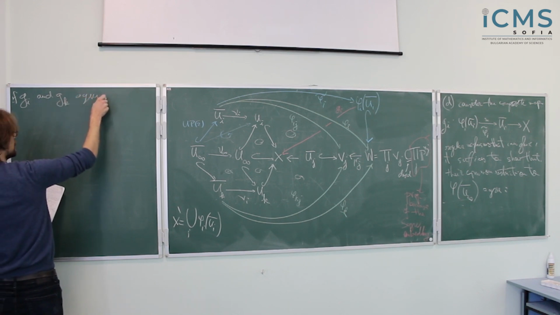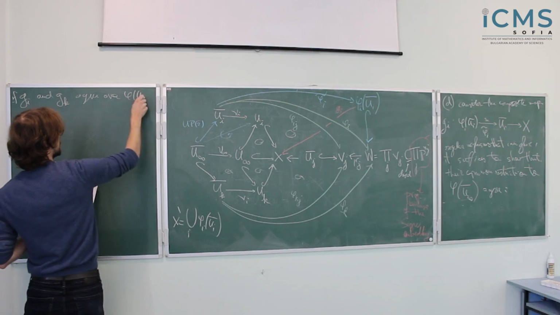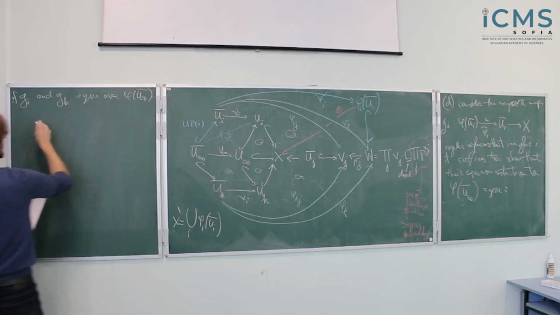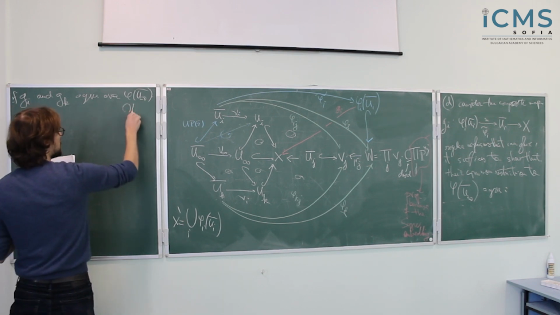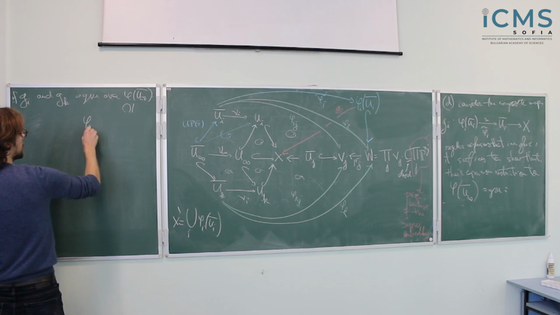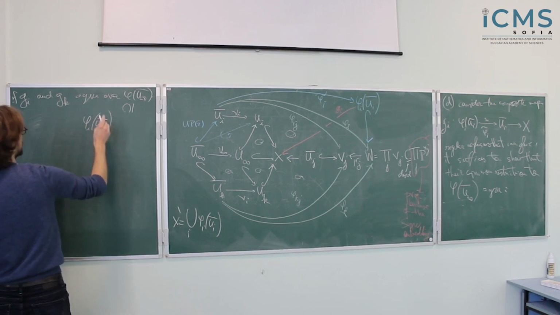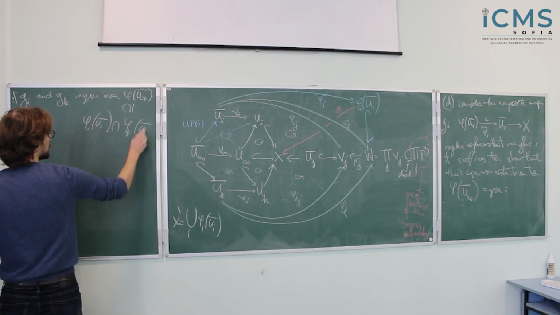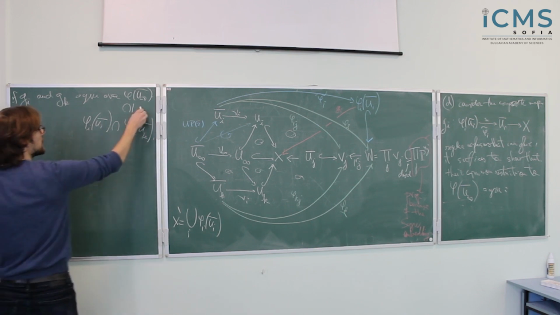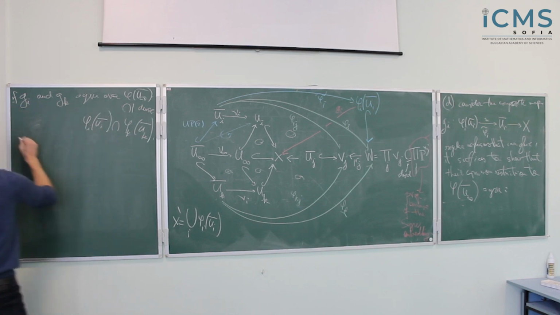agree over u infinity, then this one being included in phi I vi intersect with phi k bar k. Remember that this is dense, right?